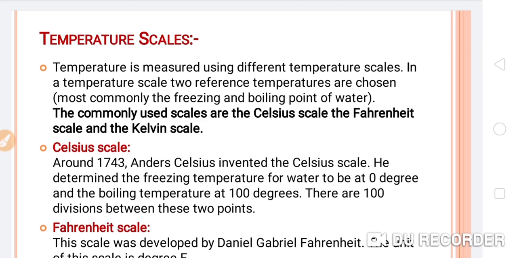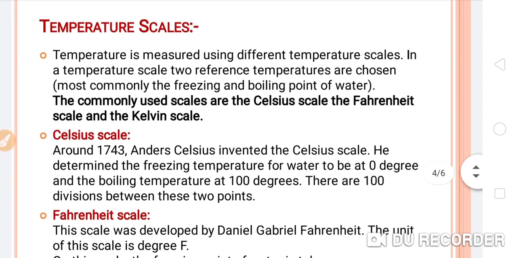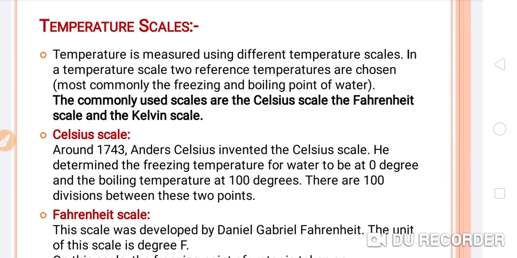The commonly used scales are the Celsius scale, the Fahrenheit scale and the Kelvin scale. So there are three different scales on which we measure temperature: first Celsius scale, second Fahrenheit scale, third Kelvin scale.